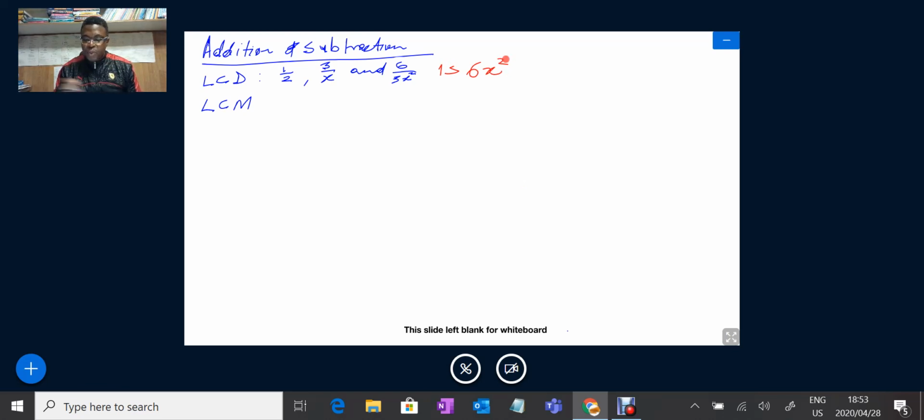We will be able to work with 6x squared because 6x squared, here you are going to divide by 2 for the first term. For the second term you'll divide by x. For the third term you divide by 3x. So it accommodates all conditions.